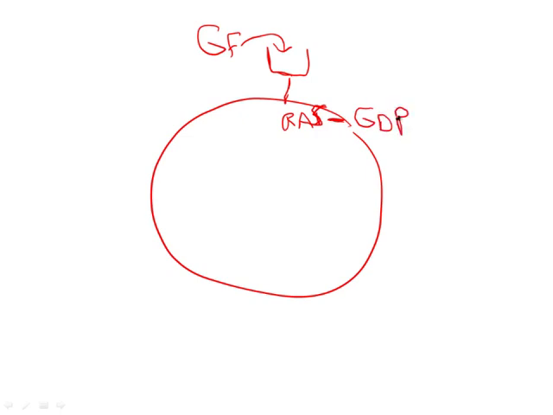Now, the moment that growth factor binds the receptor, the GDP gets kicked off, and instead, RAS gets associated with GTP. And when RAS gets associated with GTP, the RAS-GTP complex then can send message down to the nucleus. And that's the key way by which RAS works.